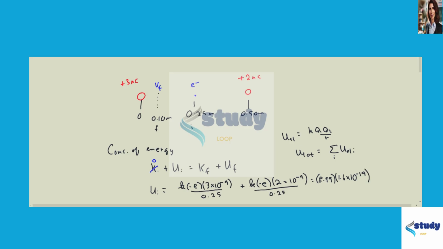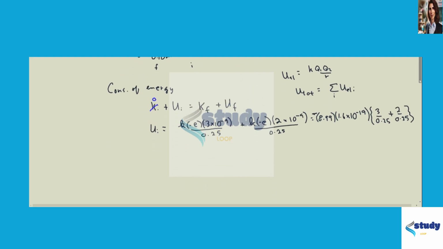Then we've got 3 over 0.25 plus 2 over 0.25. There may be easier ways to write that. And the whole value should be negative because an electron is negative.